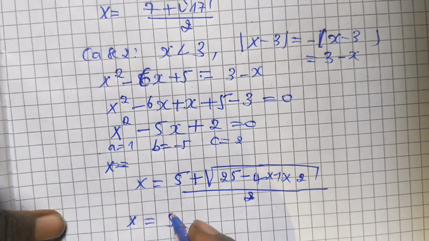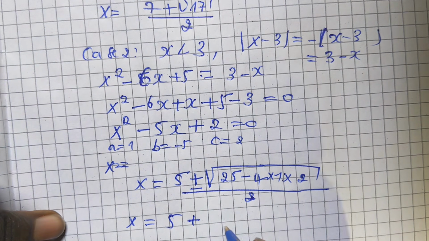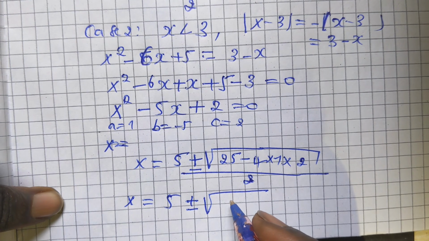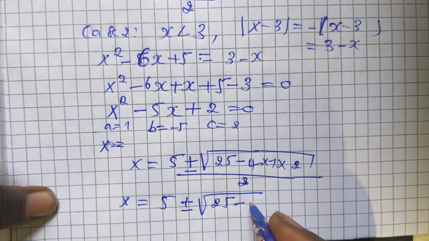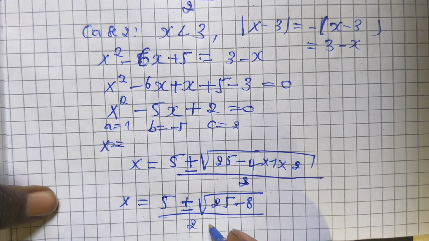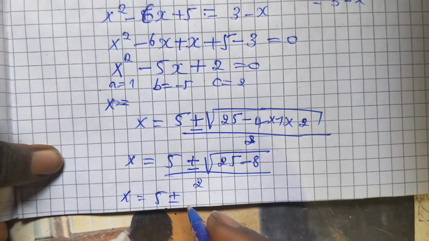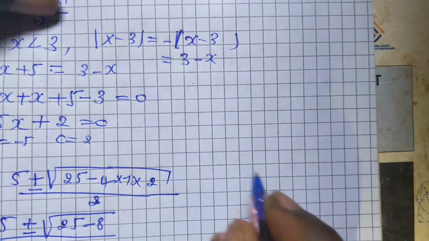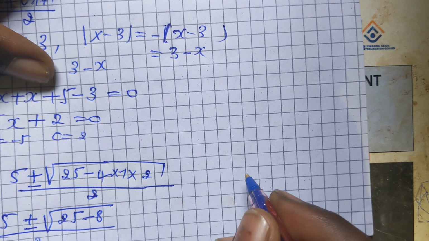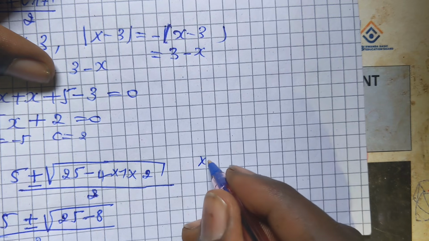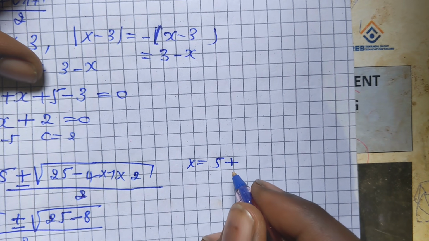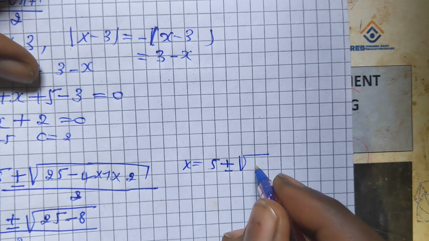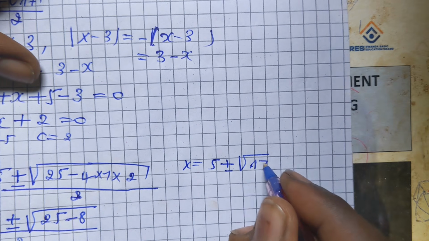So the value of x will be equal to 5 plus or negative the square root of 25 negative 8, equal to 17, then over 2.